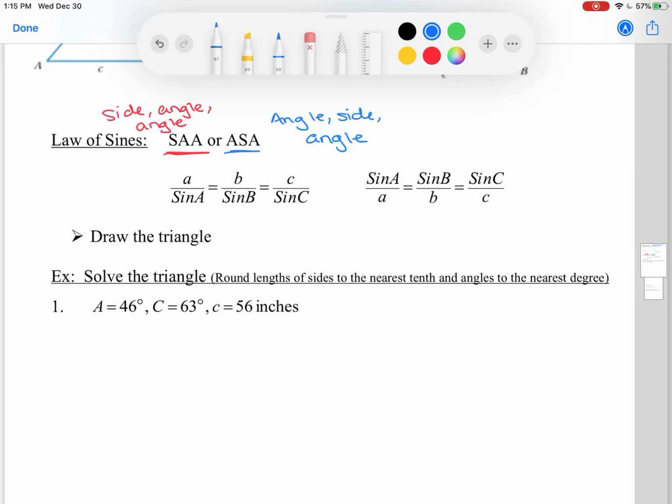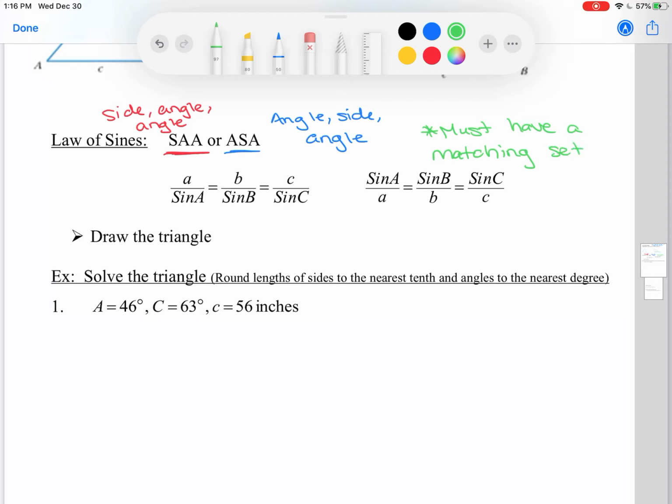All right. The biggest thing I want you guys to get out of this is that whenever you use law of sines, you must have a matching set.